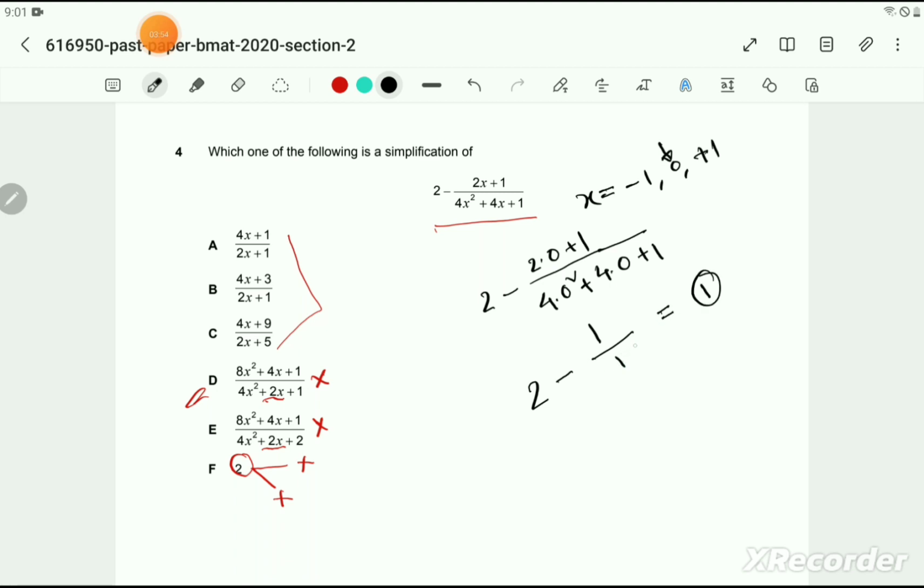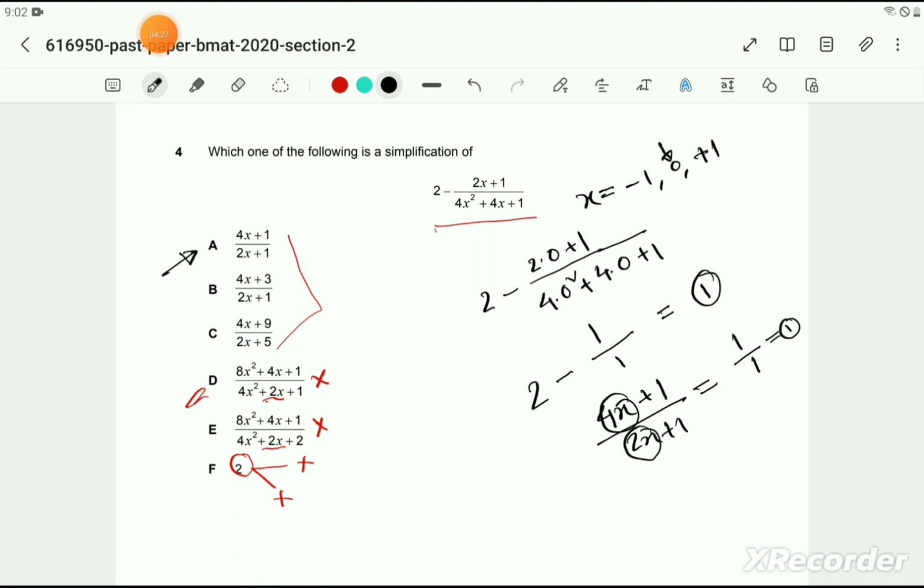So if we put exactly the same value in the answers, first let's put it in answer A. What is given there? 4x plus 1 over twice x plus 1. That means we get 1 by 1, because these two terms are 0, so this is also 1. That means there is a possibility that answer A can be the right answer.